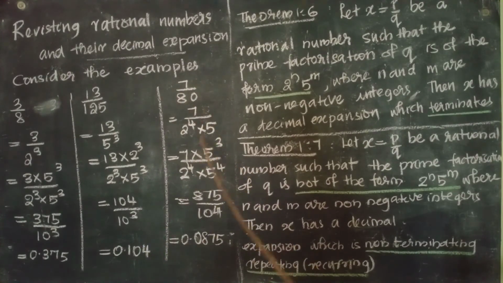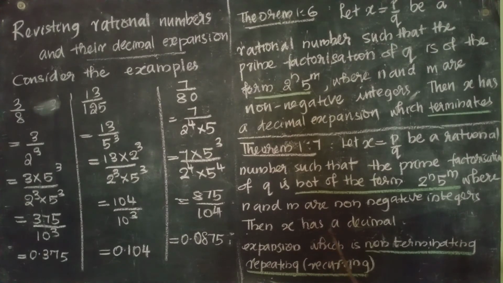So let us conclude this idea by using the theorems. Theorem 1.6: let x equal to p by q be a rational number such that the prime factorization of q is of the form 2 raised to n, 5 raised to m, where n and m are non-negative integers. Then x has a decimal expansion which terminates. Theorem 1.7: let x equal to p by q be a rational number such that the prime factorization of q is not of the form 2 raised to n, 5 raised to m, where n and m are non-negative integers.